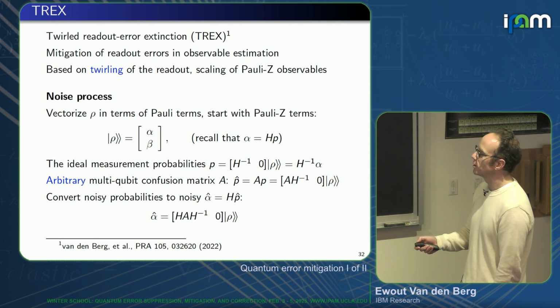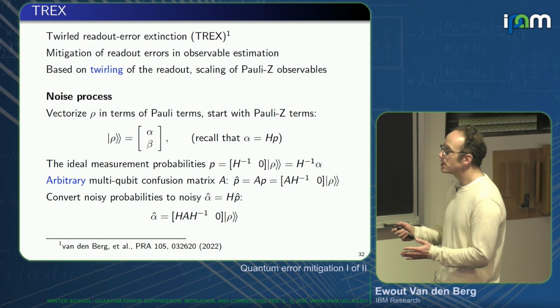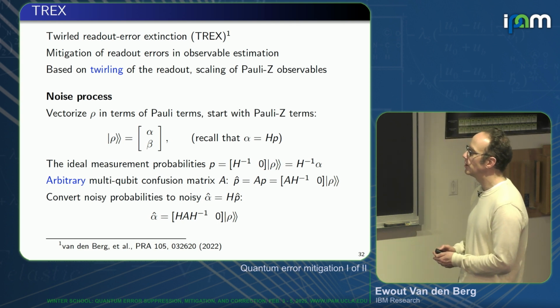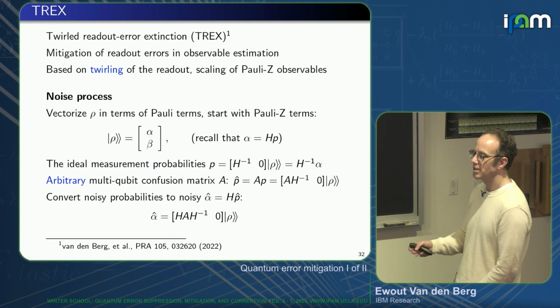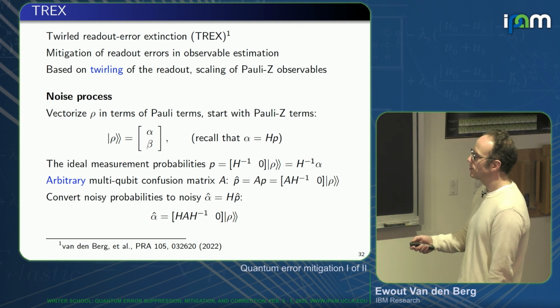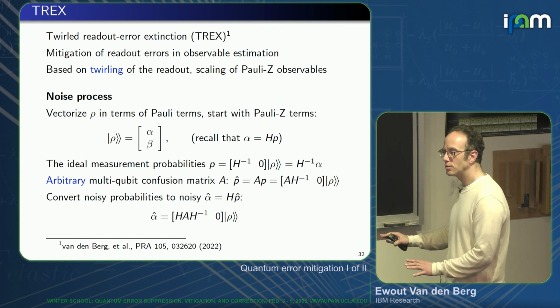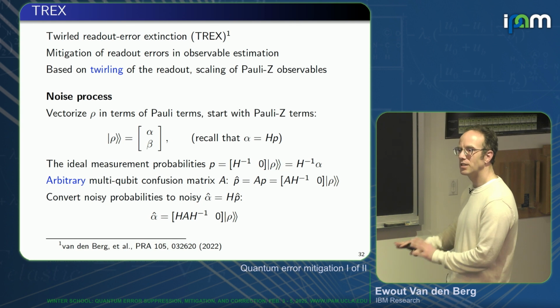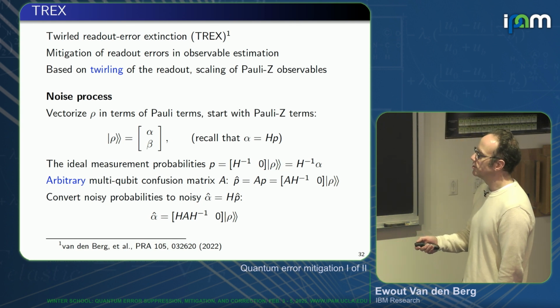But let's just look at the process. We can vectorize our density matrix rho in terms of Pauli terms, and let's write down the coefficients: first, all of the Pauli Z terms in alphabetic order, and then the rest. You don't really care about the rest because they don't contribute to the diagonal, so you can ignore them, at least on paper, for the probability of measuring.